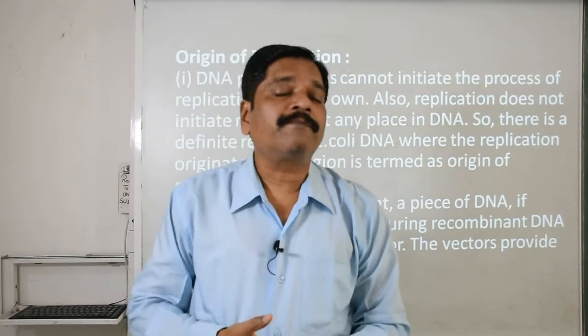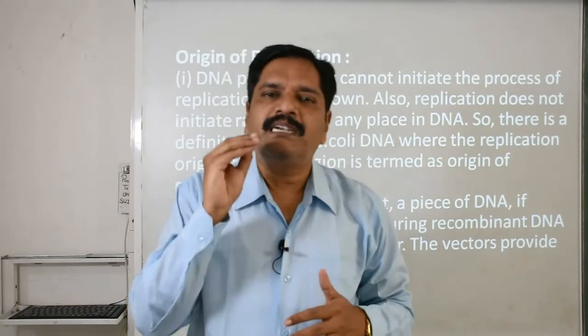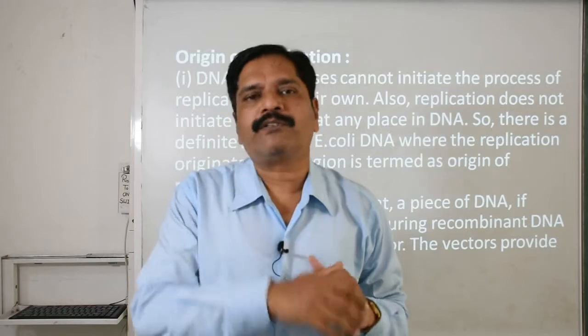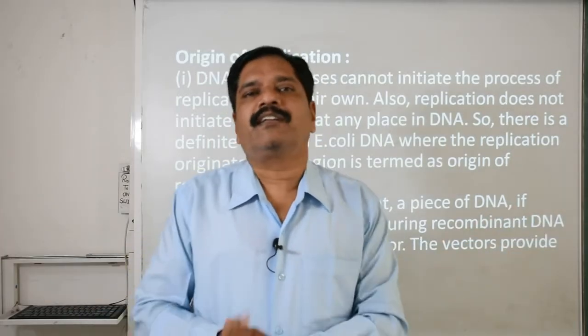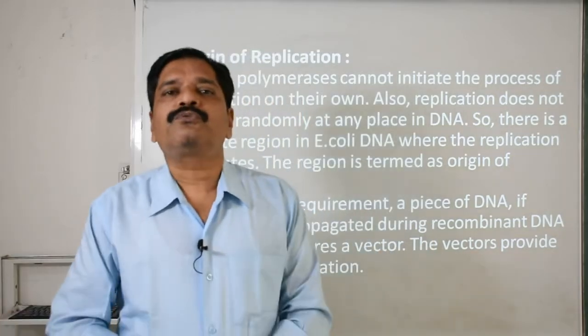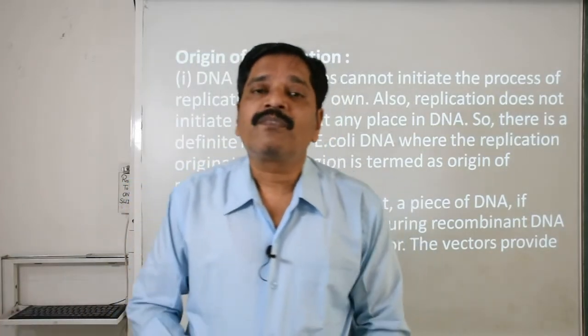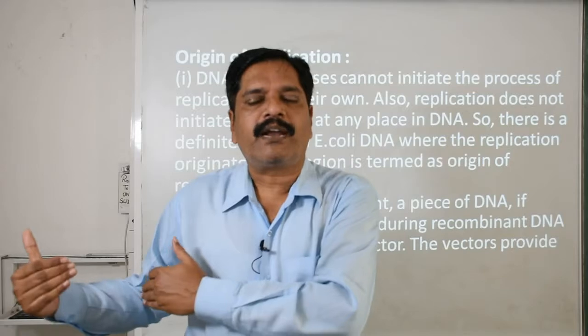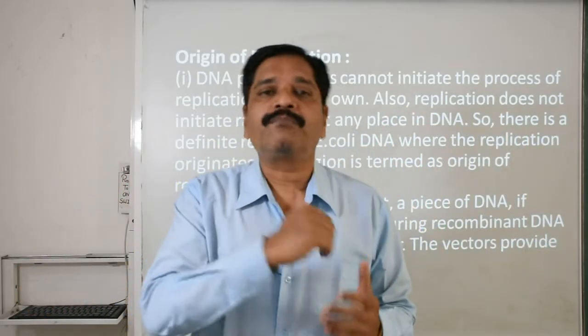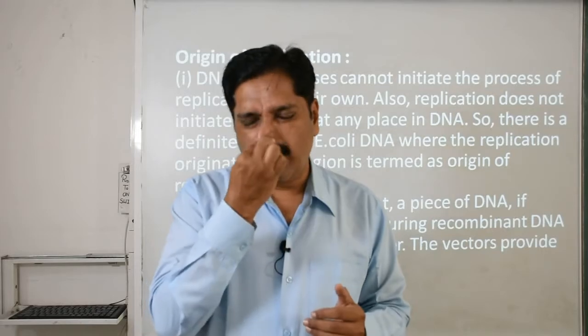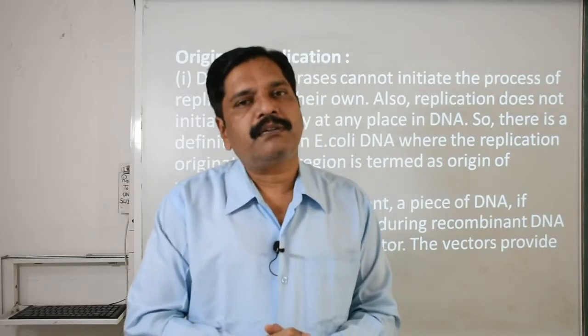But if you observe the DNA molecule of a complex organism, it is quite long in nature. It may be from 2 to 3 feet. So if it started from one point and continued to the last one, it would take a long period of time.